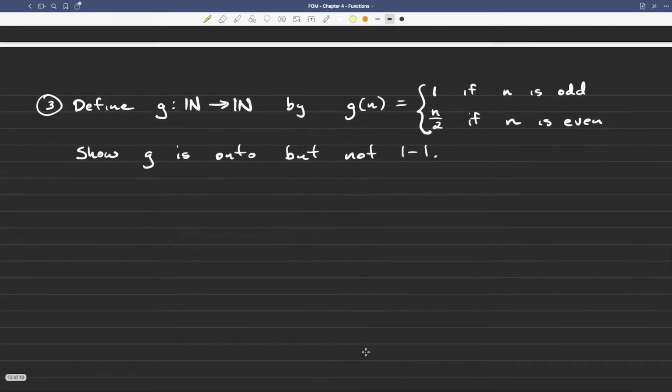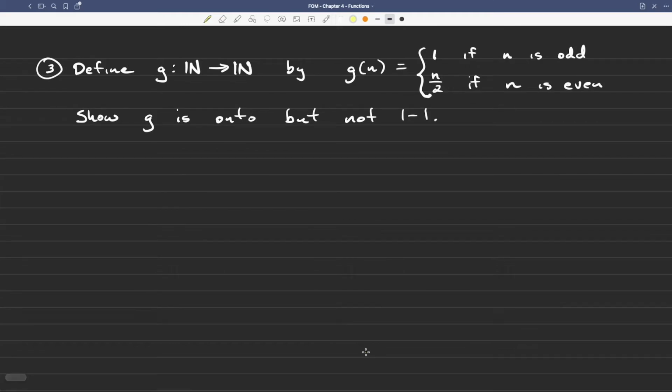And then on this third problem, we have another function, g, from the natural numbers to the natural numbers, and this one we're going to show is onto but not 1-to-1. So g is onto. Remember we had a shortcut: instead of having to show that the range equals N, we already know the range is contained in the natural numbers. We want to show that the natural numbers are contained in the range.